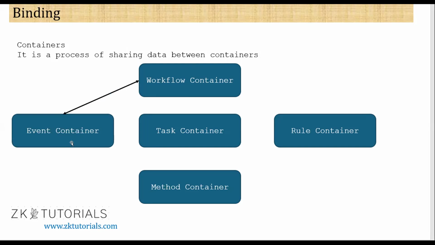You can share the data between both of them. The event container can receive data from the workflow container, and the event container can also send data to the workflow container. So guys, this is the relationship between the workflow and event containers.